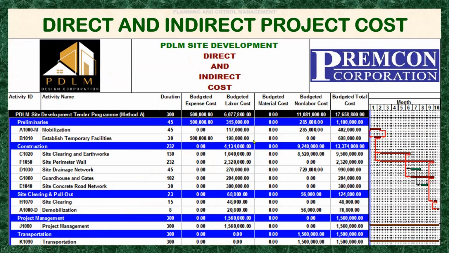Take note, this is not yet the conclusion of a complete project cost estimate, because on top of this direct and indirect cost, there should always be markup elements that cannot be ignored, added for each activity. That is to cover the unforeseen or missing cost. This could be addressed by taking a reasonable percentage of the total direct and indirect cost.